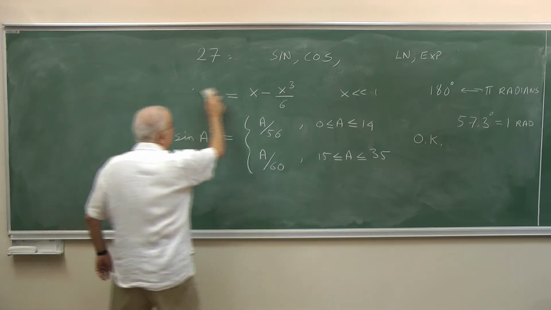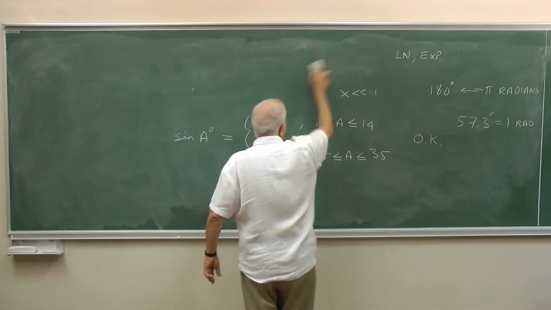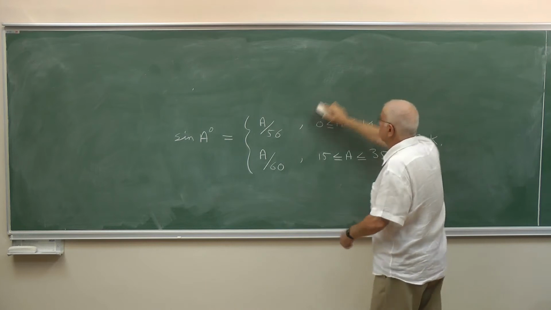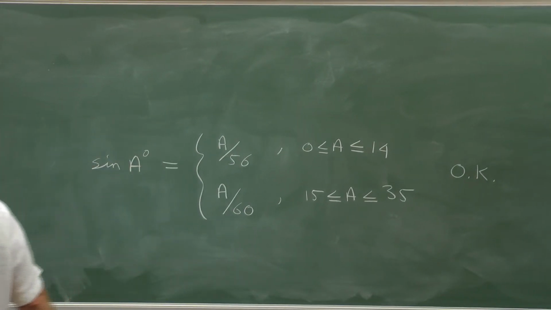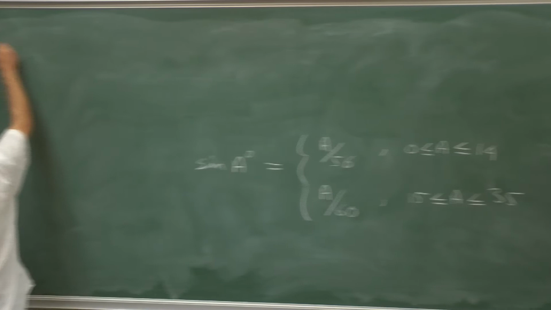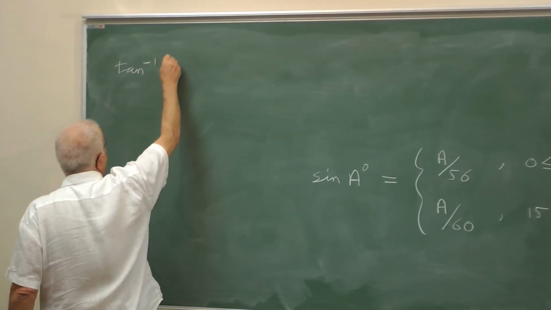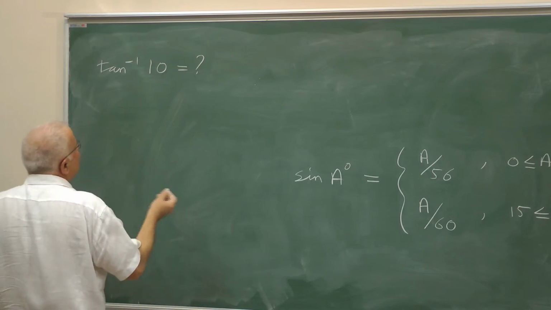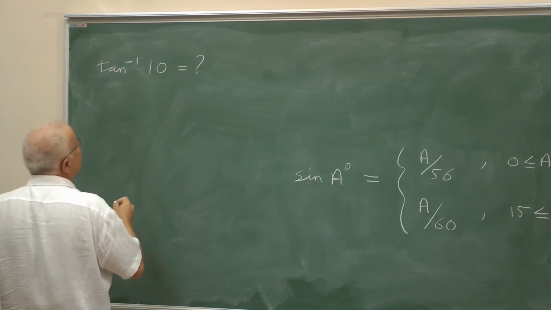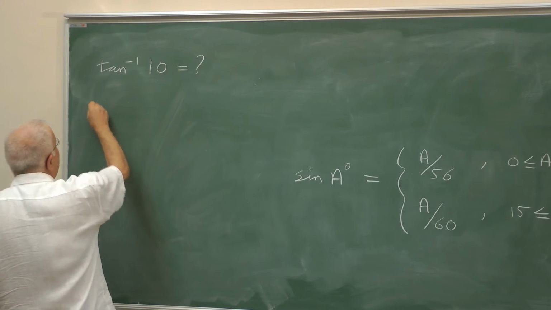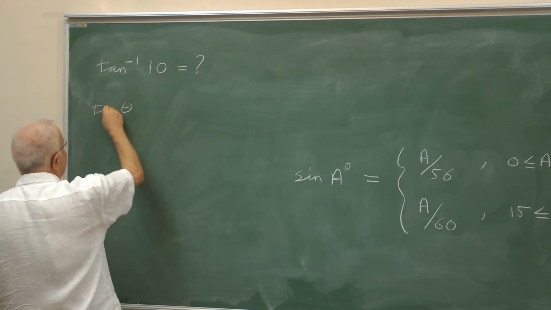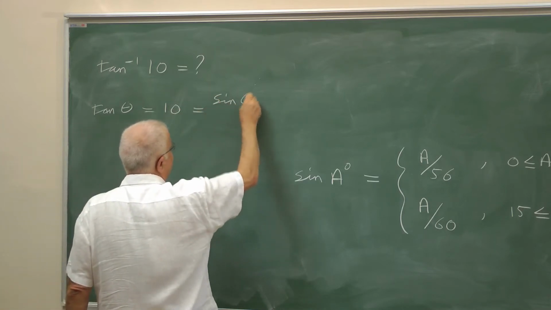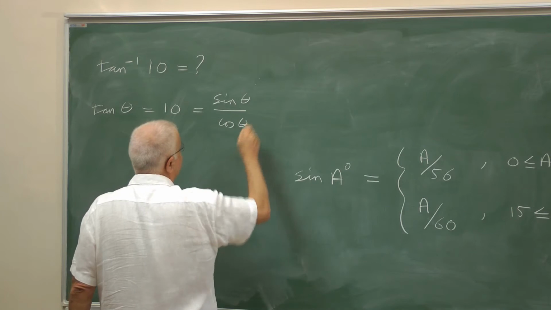For example, let's do an example. Arctangent 10 equals what? Which means I want an angle theta so that tangent theta equals 10, which of course is sine theta over cosine theta.